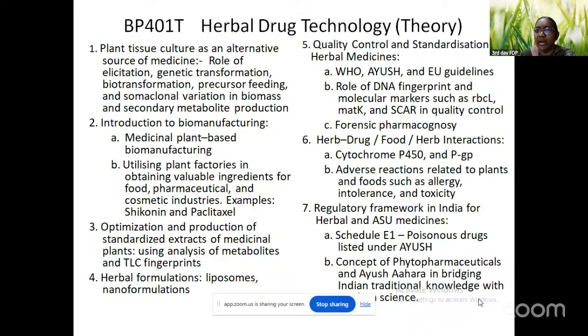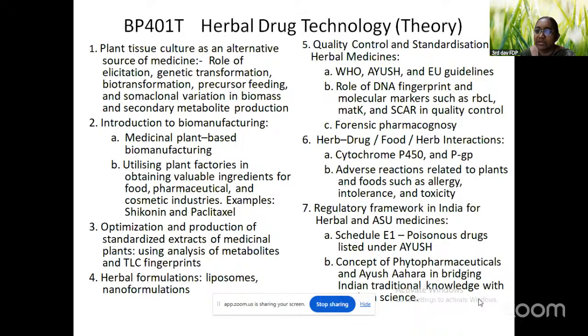We studied plant tissue culture previously; in addition, the added ones are the role of elicitation, genetic transformation, biotransformation, and precursor feeding, and somaclonal variations in biomass and secondary metabolite production. The second topic is biomanufacturing, including medicinal plant-based biomanufacturing and utilizing plant factories in obtaining various valuable secondary metabolites. Third is the optimization and production of standardized extracts of medicinal plants.